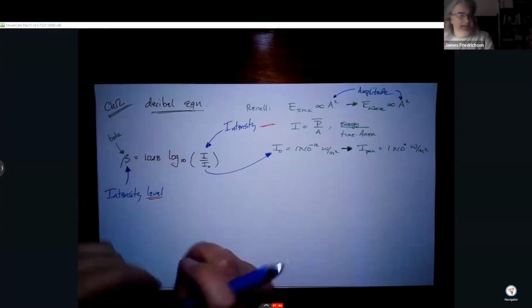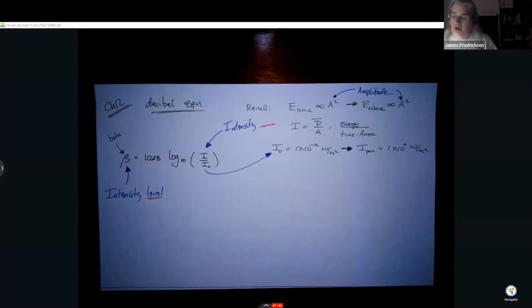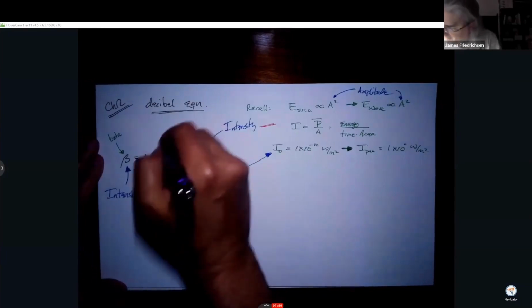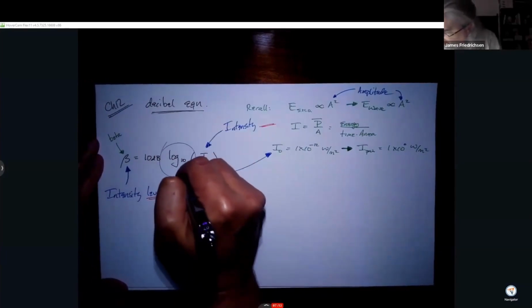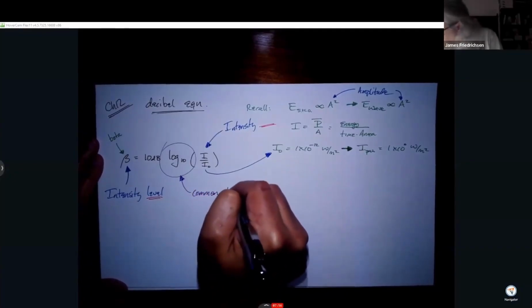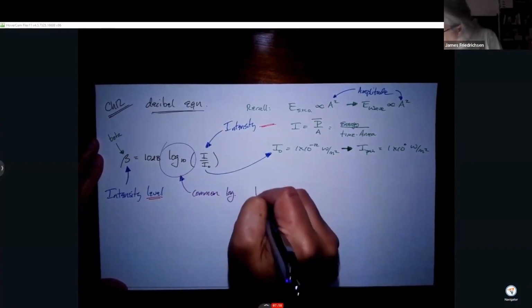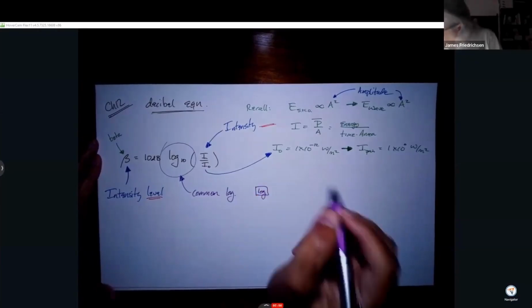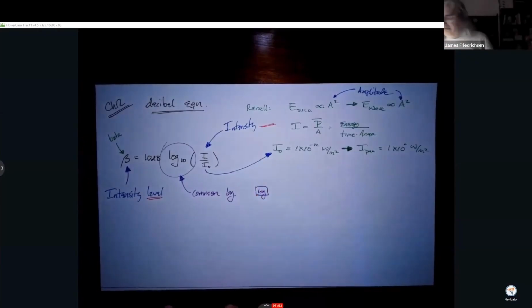And this is our common logarithm, the Briggsian log, the standard log. That's just the log button on your calculator.